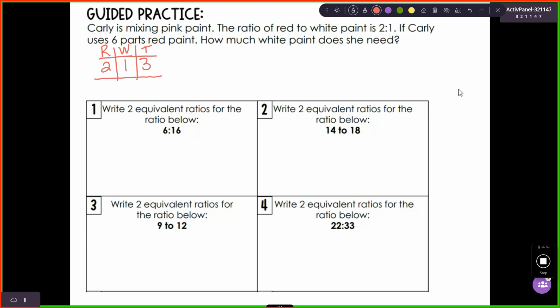I need to create another row. And where do you think I'm going to put 6? I'm going to put it under what? Red. Once you have that written, give me a thumbs up.